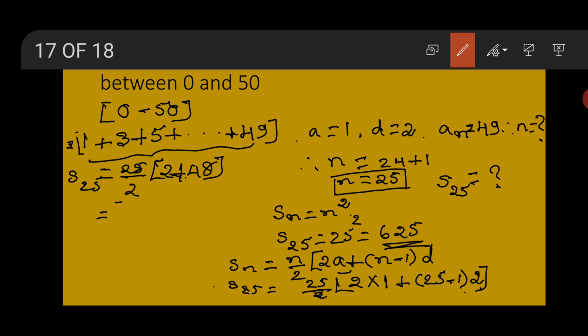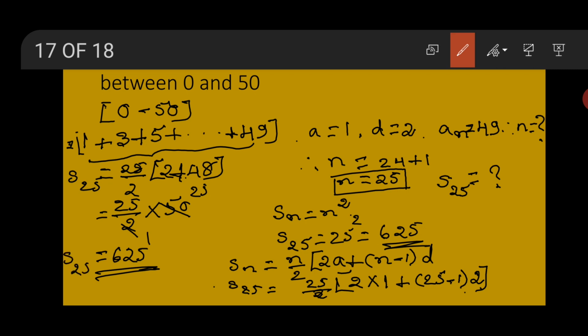So it is equal to 25 divided by 2 into, add them, 48 plus 2 is equal to 50. Again 2 ones are 2, 25 are, what's remaining here? 25 into 25 is equal to 25 square, which means 625.